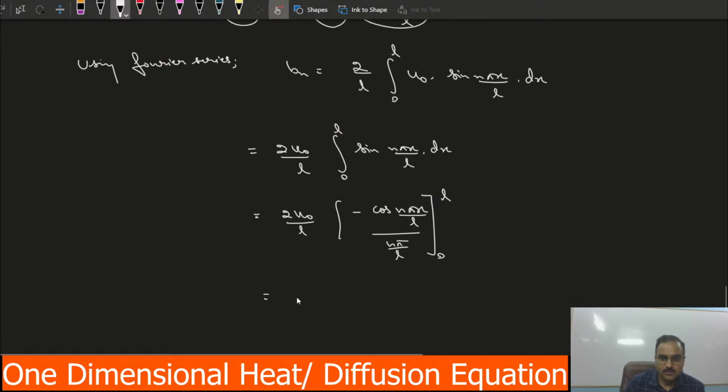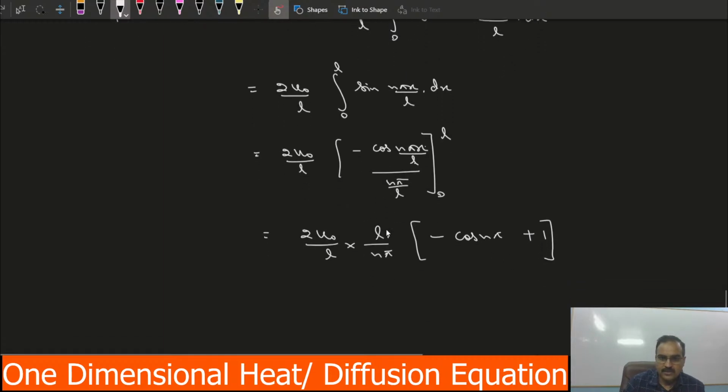So 2 u naught over l into n pi by l, minus cos of n pi. When I substitute the upper limit, l and l cancel out, so it will be n pi, minus and minus plus. Now cos 0 will be 1. Again l and l cancel out, 2 u naught over n pi, and minus cos n pi is minus 1 raised to power n.